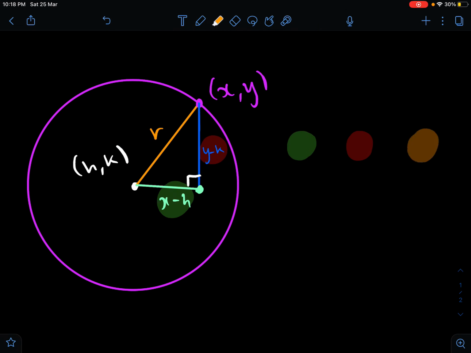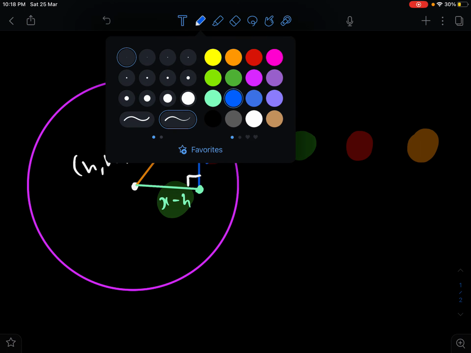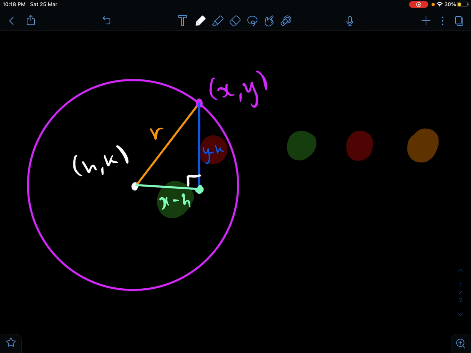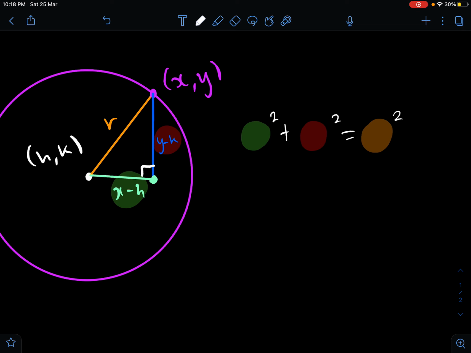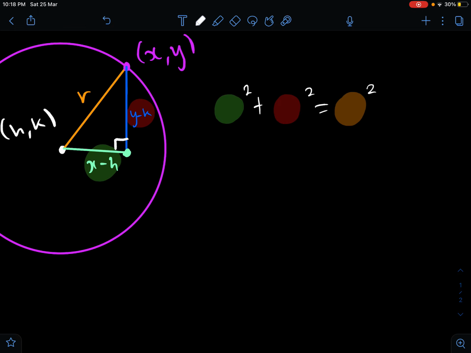I love highlighters, if you can't tell. Now we just have to fill in the blanks. Green would be x minus h squared, plus y minus k squared, equals r squared.